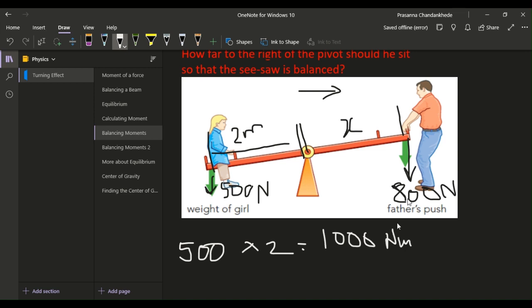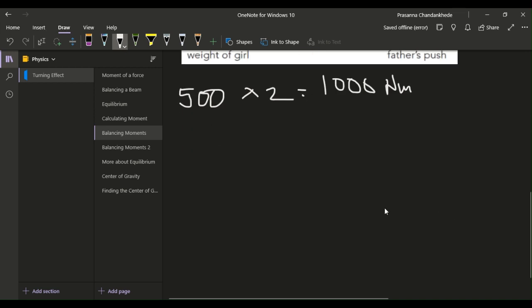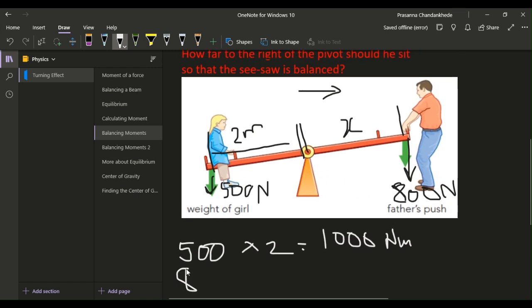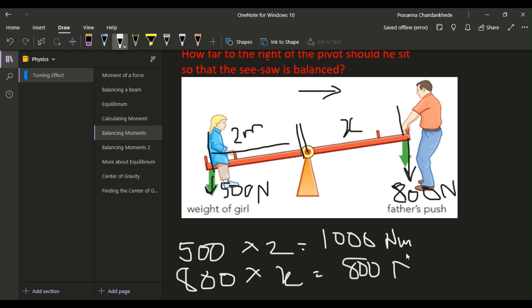Let's do the same for this side: 800 times x, that will be 800x Nm.